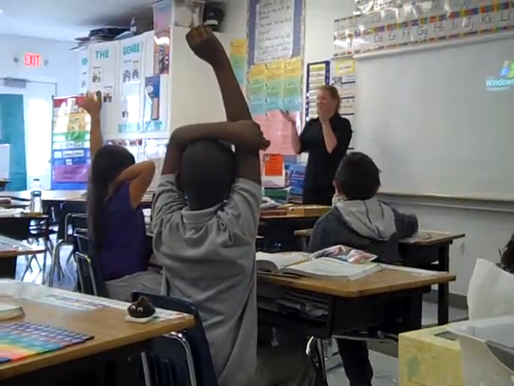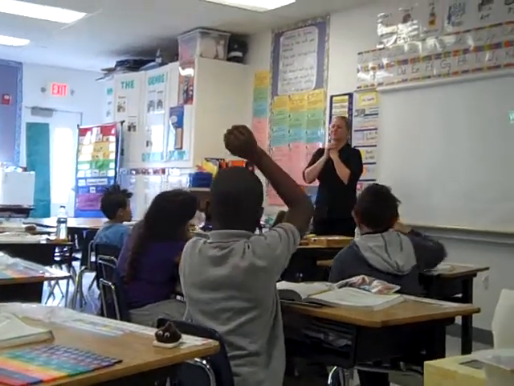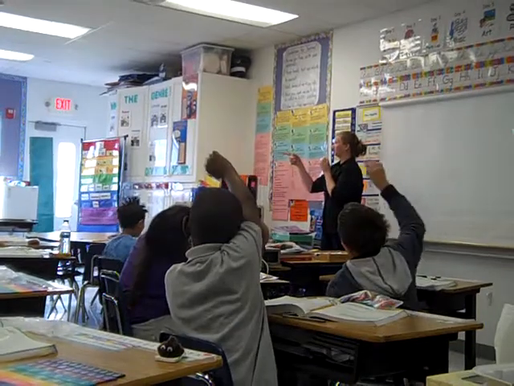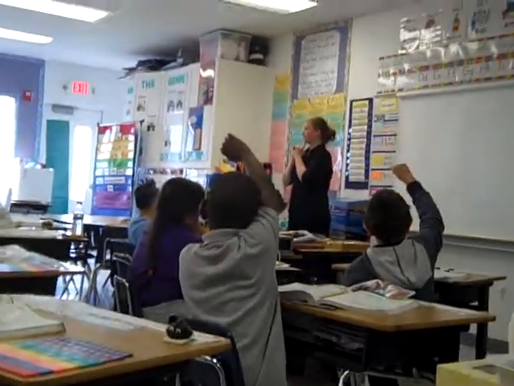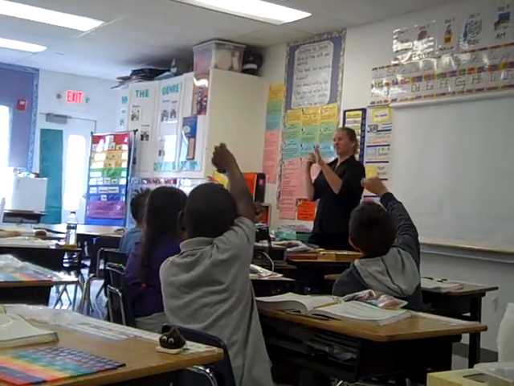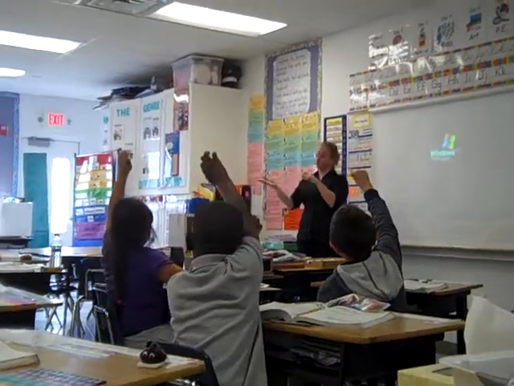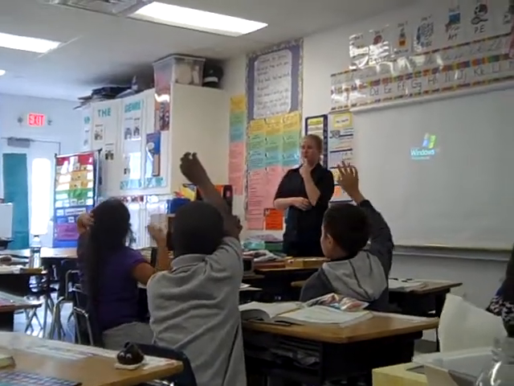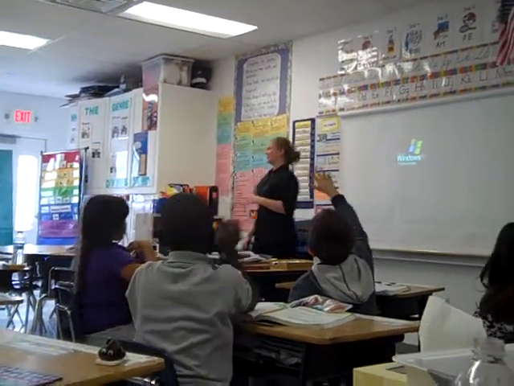Pizzas. Pizzas is probably the most common thing. What's another thing? Pies. You can compare a small book and a big book. Books. Pencils. What do you eat on your birthday? Cake. Very good.